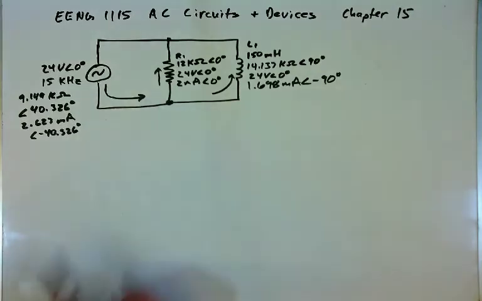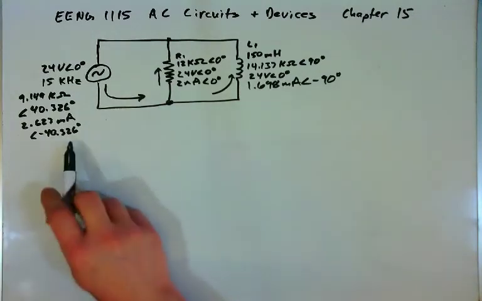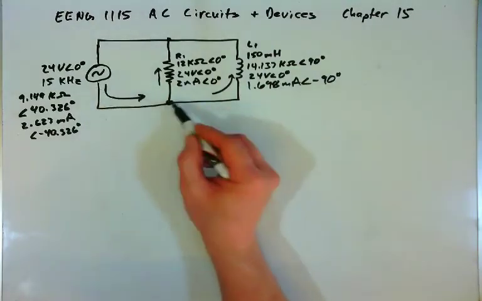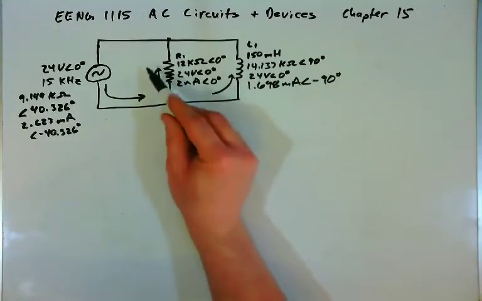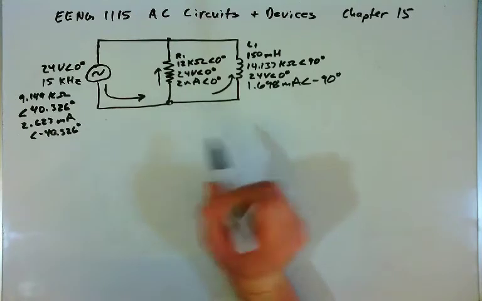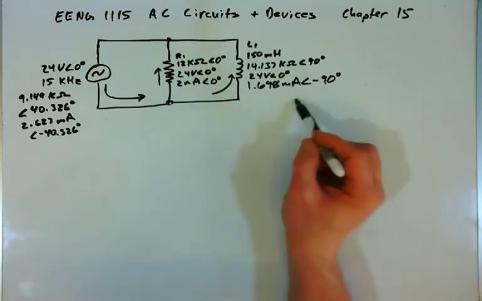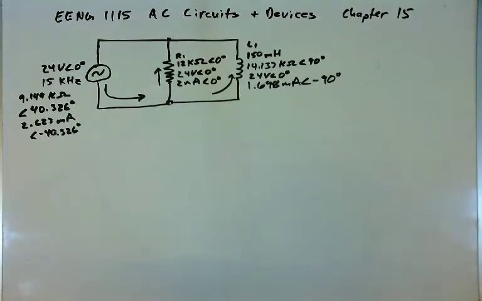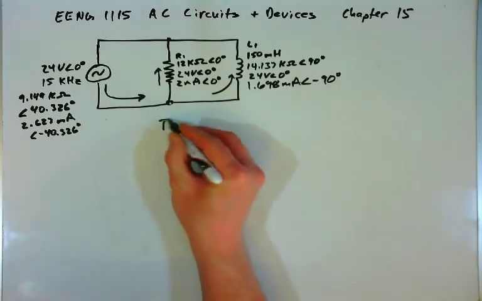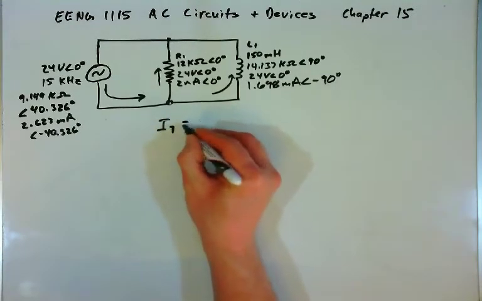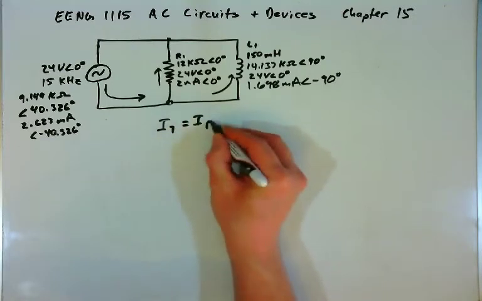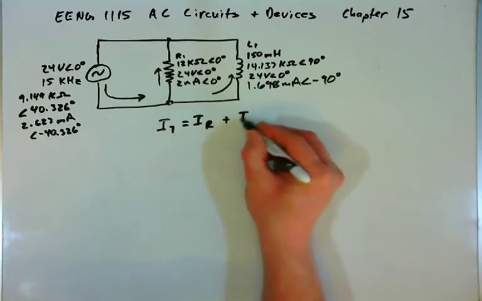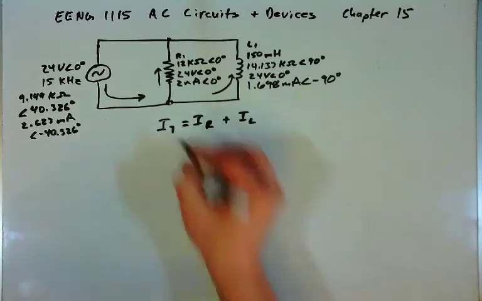We have the total current leaving the source, 2.623 milliamps at negative 40.326 degrees. That current reaches this node and splits. Some of it flows through the resistor, 2 milliamps at 0 degrees. Some of it flows through the inductor, 1.698 milliamps at negative 90 degrees. And so we'll check our answers using Kirchhoff's current law. We know that the total current should be the sum of the current through the resistor plus the current through the inductor.